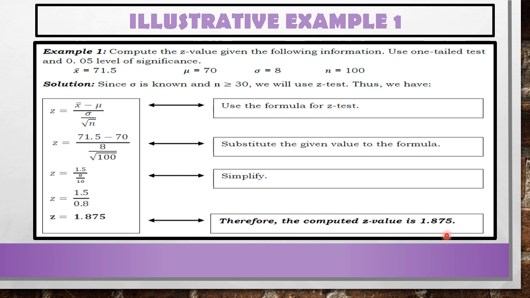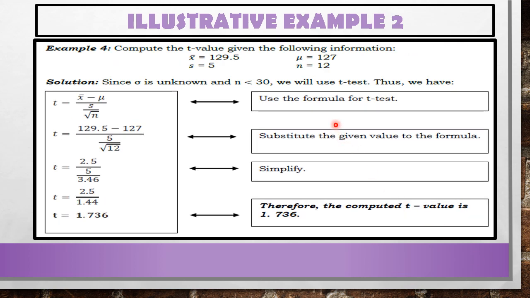Therefore, the computed z value is 1.875. So, ganyan po ang process ng pag-compute ng z value. So, una, balikan po natin, dapat alam mo kung anong formula ang gagamitin mo. Then substitute mo lang po yung given value and then i-simplify and then yun lang po ang makukuha mong value under this example.